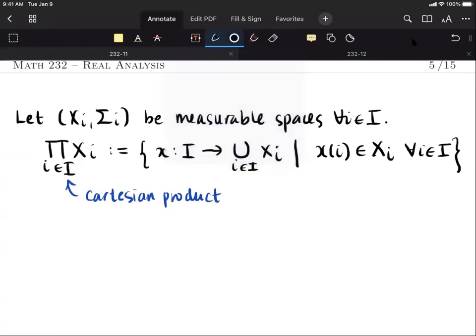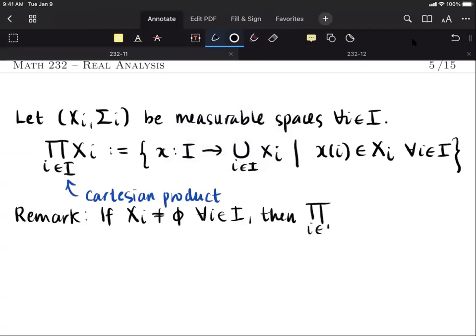Now, a remark: if each X sub I is non-empty, then it can be shown from the axiom of choice that this Cartesian product is also non-empty.